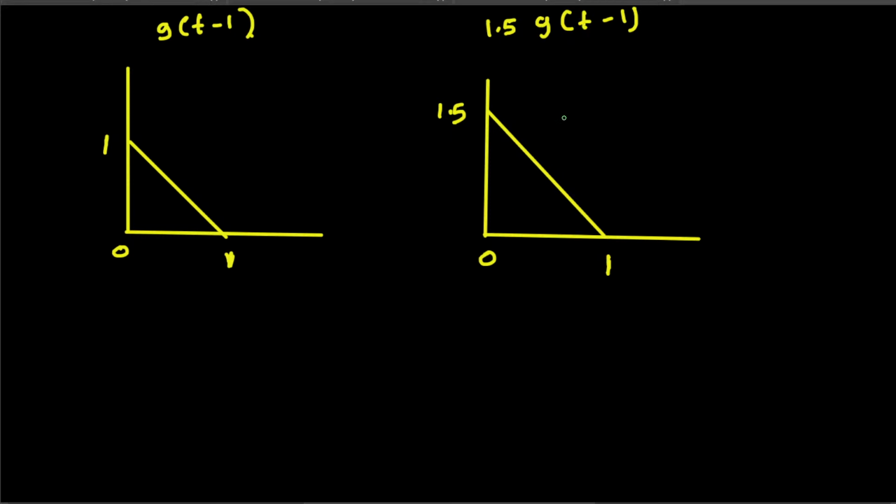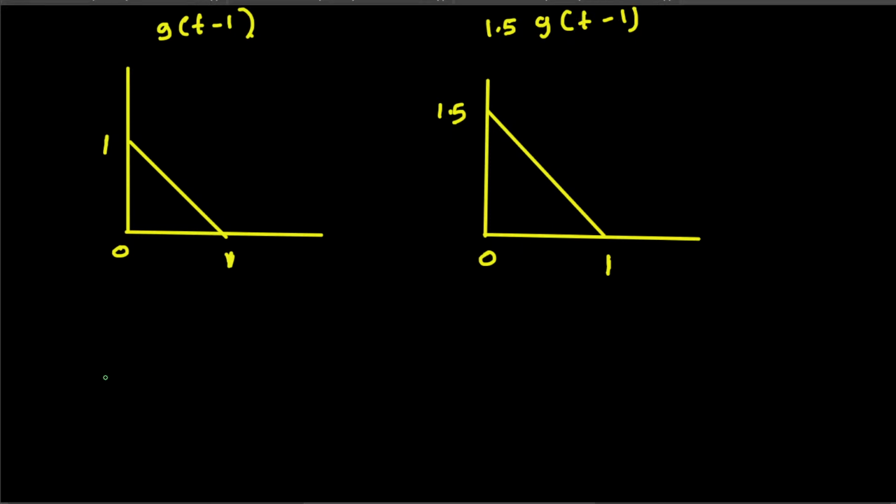We have to put 1 over 2. If you want to make this distance 2, you have to do 1 over 2. If you want to make the distance 3, 1 over 3. If you want to make the distance half, then you put 2 here. So it works the opposite way. If you put 2, it's going to become 1 over that, and if you put 1 over 2, it becomes 1 over 1 over 2, that's 2. So you have to think in the opposite way.